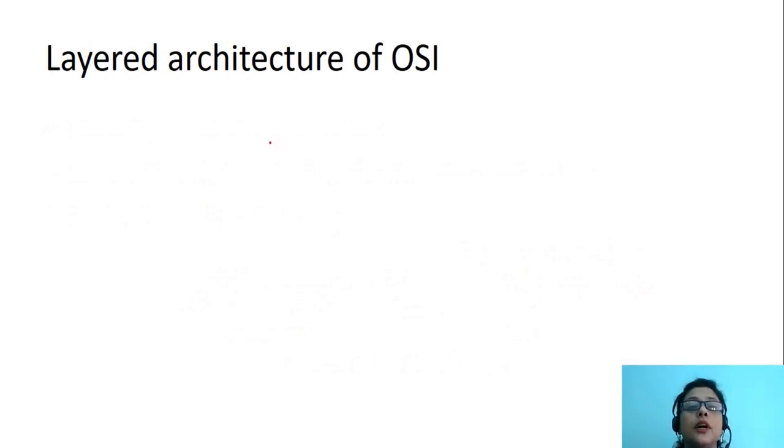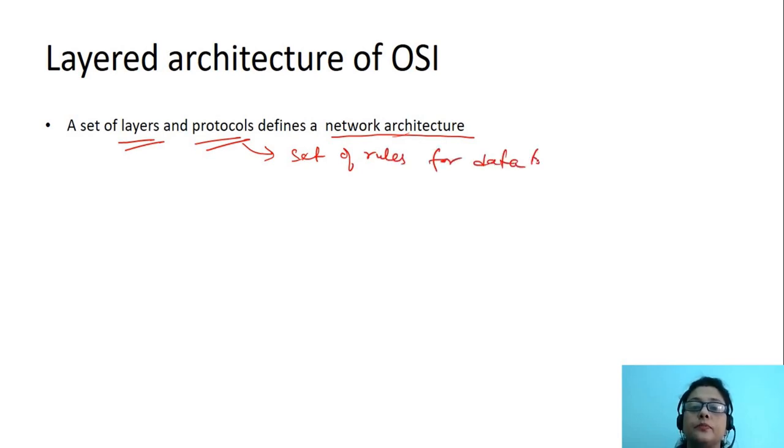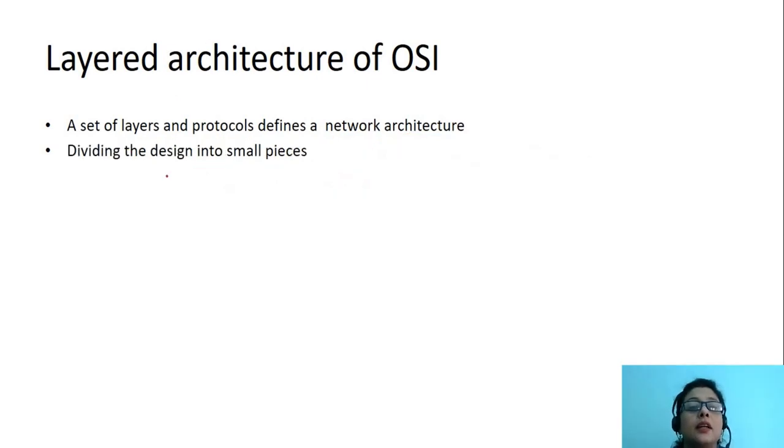Now we look into the layered architecture of OSI. Basically, a network architecture is defined by a set of layers and a set of protocols. These protocols are a set of rules for data transfer, and layers have their own functionalities. The layering actually divides the entire design into small pieces.